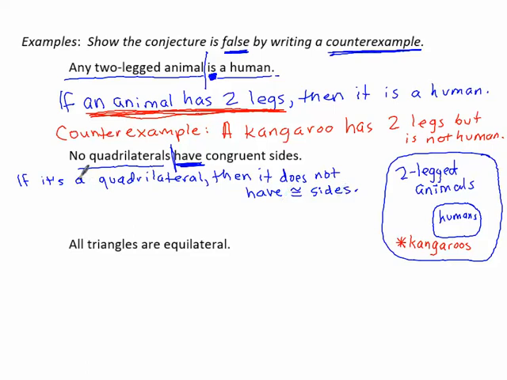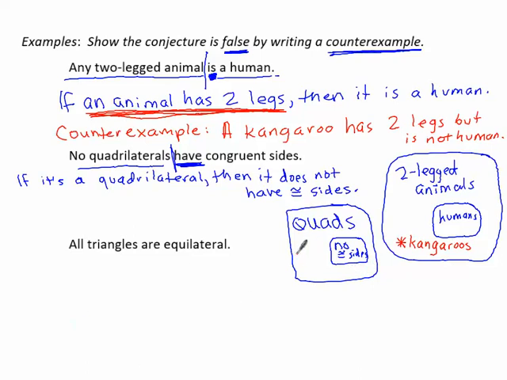Can we think of quadrilaterals, four-sided figures, that do have congruent sides? Let's draw a Venn diagram. We've got quadrilaterals. I'm going to call them quads for short. We've got a group that has no congruent sides. Can we think of quadrilaterals that do have congruent sides?